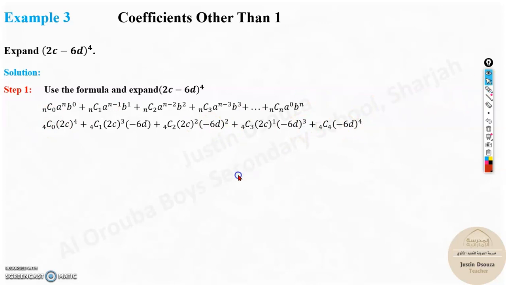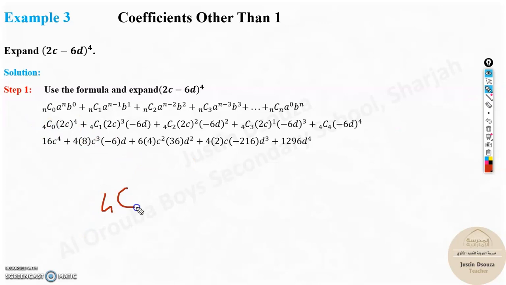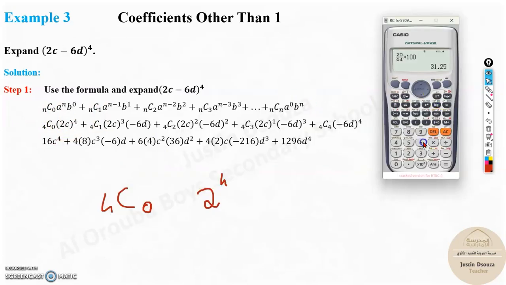Now once that is done, you need to put it in the calculator and get it. Just remember over here, when you're putting in the calculator 4c0 and then multiplying 2 to the power 4, all you need to do is 4, shift and division symbol, c, 0, and that is 1.